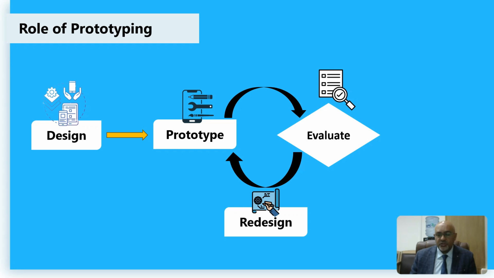The best solution will be obtained when we have multiple prototypes. Psychologically, it is proven that human beings cannot obtain the perfect solution in the first place.